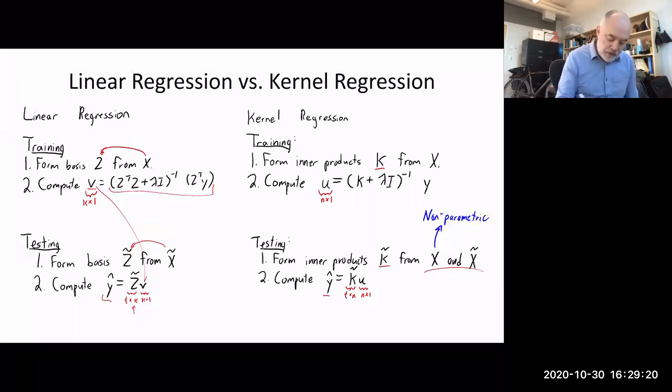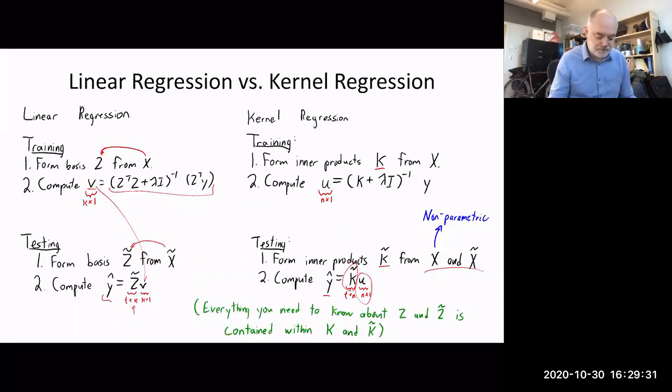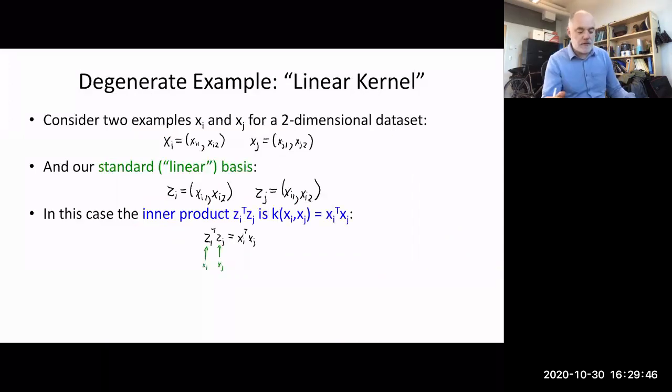And then we compute our predictions by multiplying K tilde by U. The point is, again, we never need to compute any of these Z's. Everything that we need to know about that expanded feature space is in K, if we have such a magic kernel function.